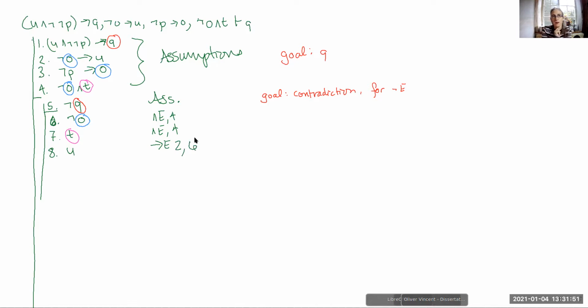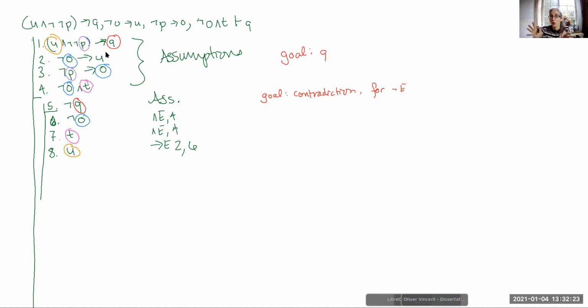Now, that's a very nice thing to have because U, what we've got here, also turns up in our initial premise. The last letter that we haven't done anything with here is this P, which is in premises 1 and 3. Now, 3 also happens to have O in it, but it's a conditional.